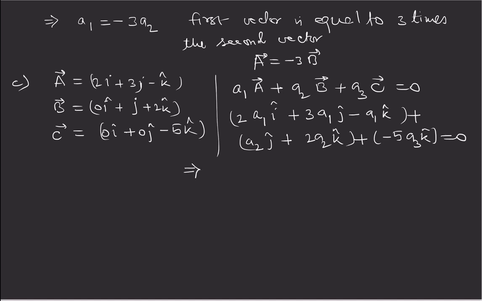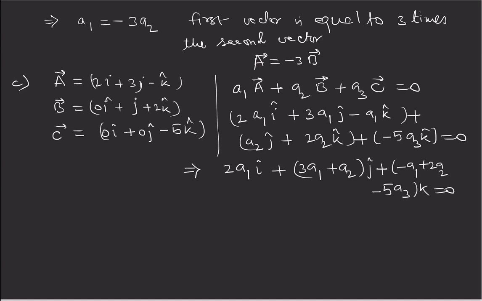Arranging this, we get that 2A1 i plus (3A1 plus A2) j plus (minus A1 plus 2A2 minus 5A3) k is equal to 0.